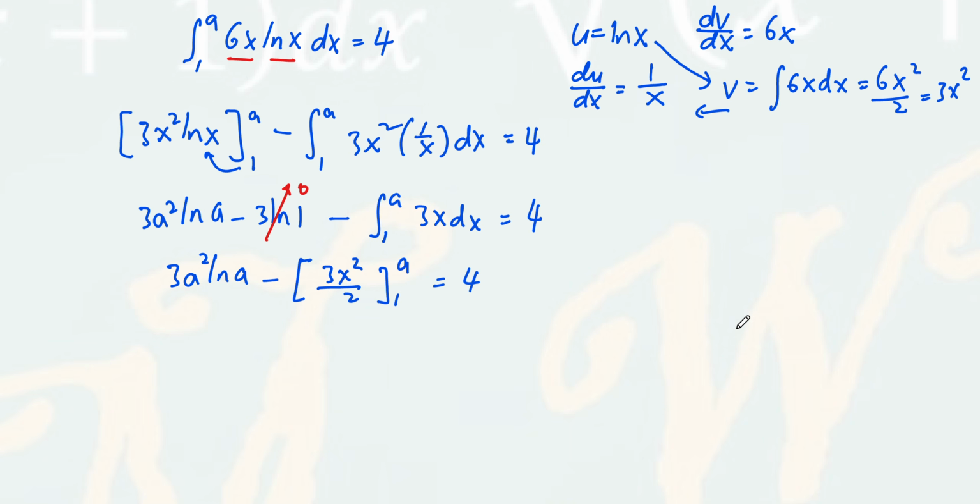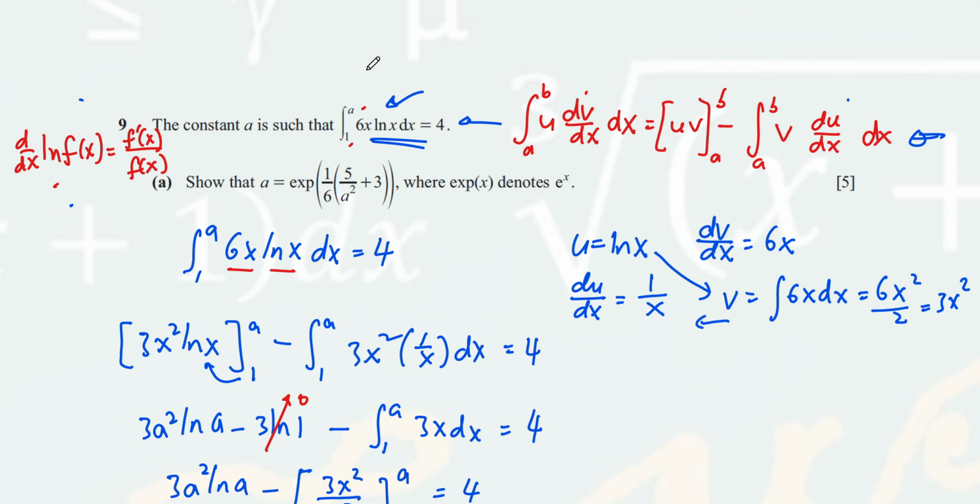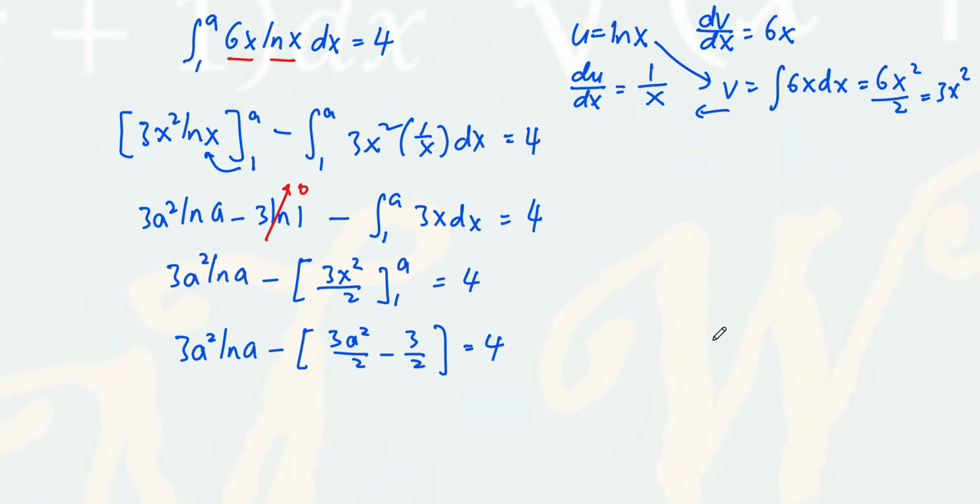Now replace the x by a. I will be getting 3a squared ln a minus 3a squared over 2 minus 3 over 2 equals 4. After you replace the x by 1, it is 3 over 2. Now refer to the question, you need to get a equals exponential.